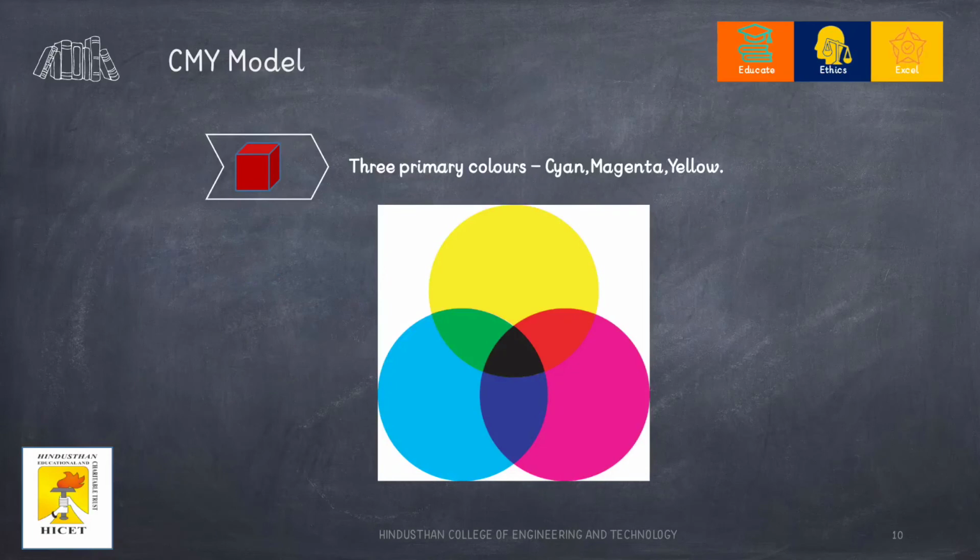Here we can see the three primary colors cyan, magenta and yellow. When added up, they form a black color. And the secondary colors are formed when these primary colors are combined. That is, blue combined with yellow forms green, yellow with magenta forms red, and cyan with magenta forms blue.